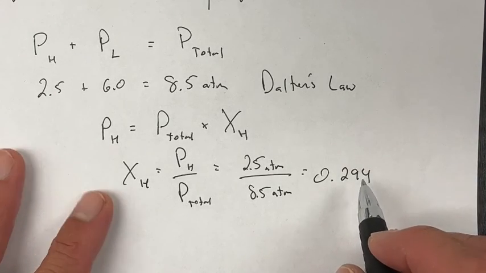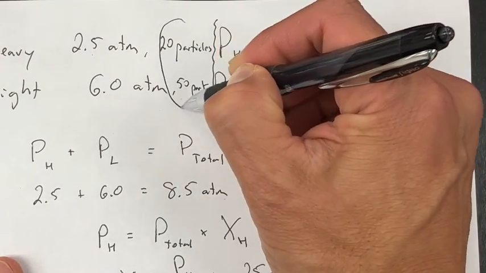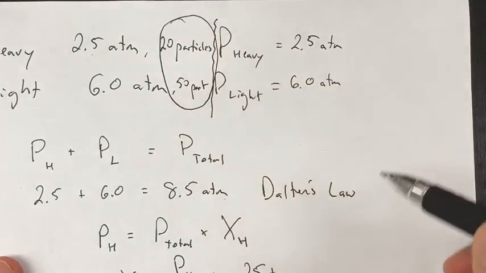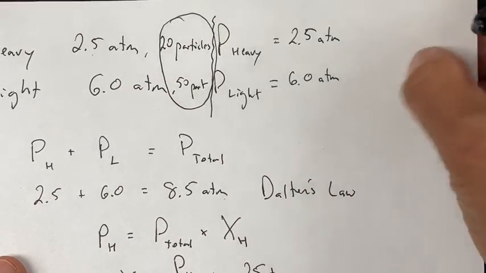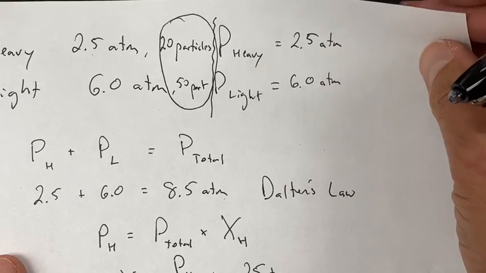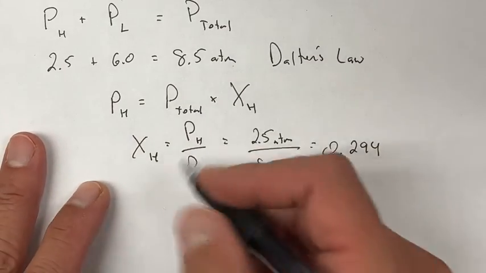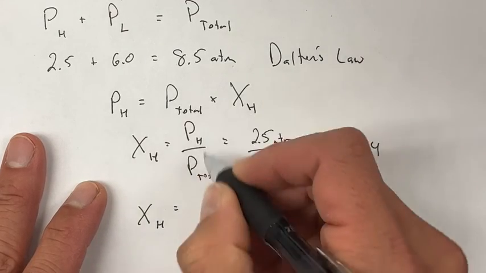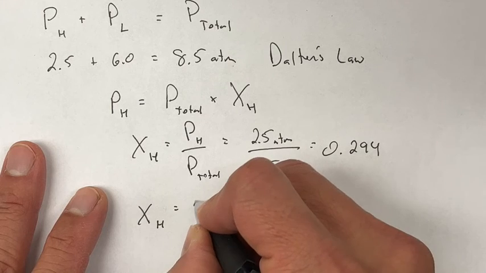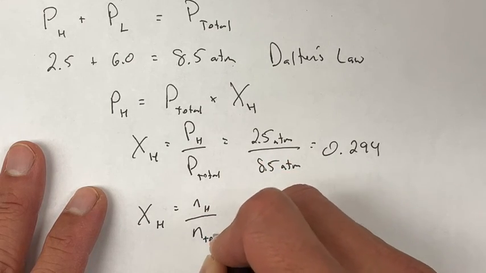Now you might say, well, I also have the particles of each, right? Up here I have the particles. Could we do the same thing for the particles? The answer is yes, we can. Actually, the mole fraction is the particles. So if I try that again with X heavy, let's try the moles of H over the total moles.